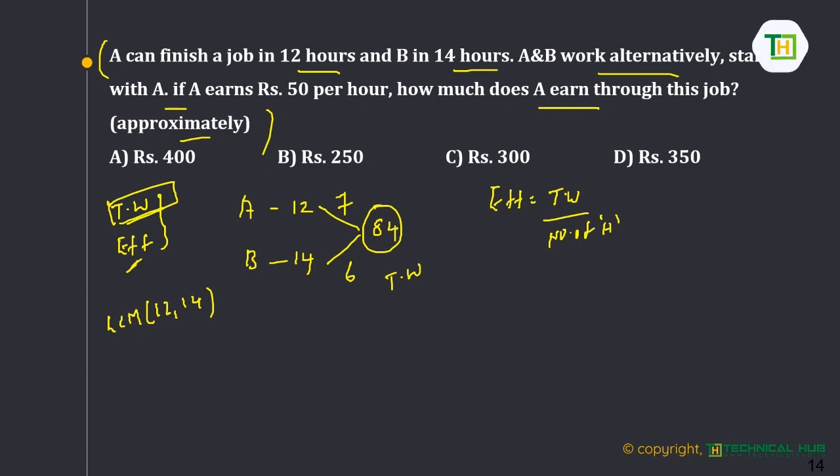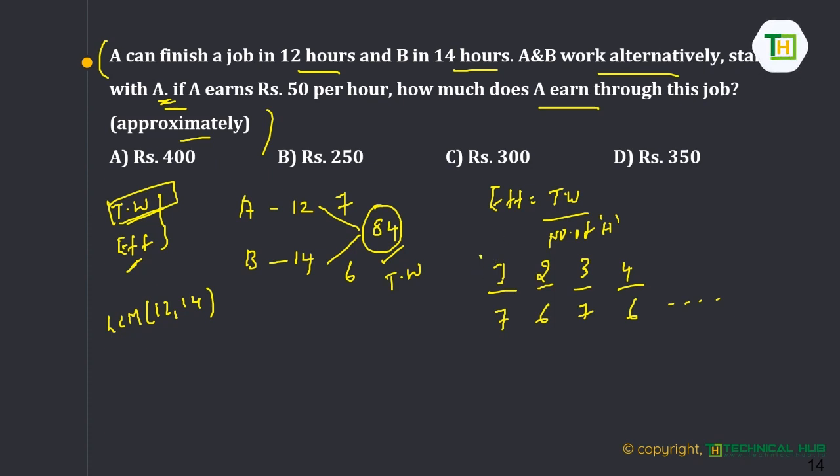So they work alternately. It means the first hour A comes, because we start with A, so A can do 7 units per hour. And the second hour B comes, it means A takes a rest, so B can do 6 units. Again the third hour A comes and does 7 units, and the fourth hour B comes and does 6 units, and so on like that, until 84 units of work are completed.